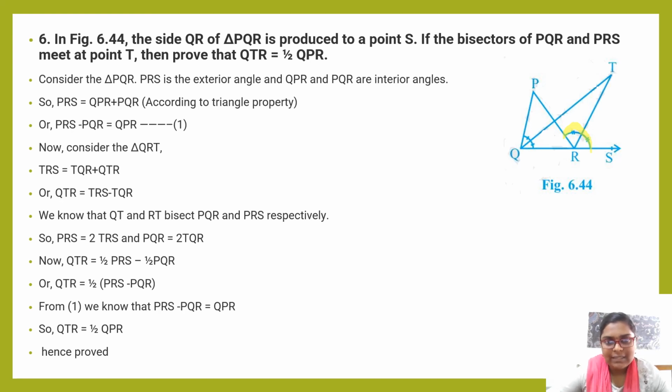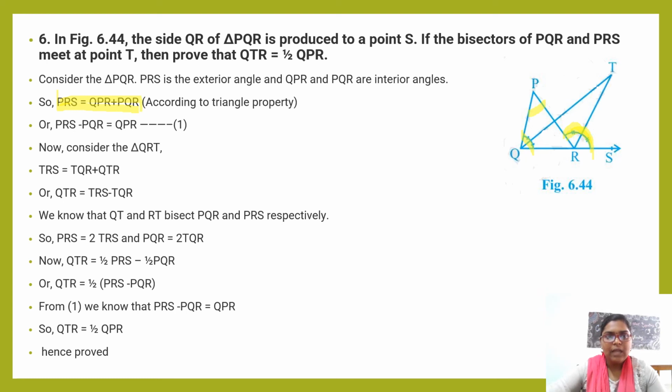You know by the exterior angle property, what we can tell, the exterior angle is equal to the sum of opposite interior angles. So this is your exterior angle, means what are all the opposite interior angles? QPR and PQR. These two are the opposite interior angles. So according to that, here I formed that equation. PRS is equal to QPR plus PQR.